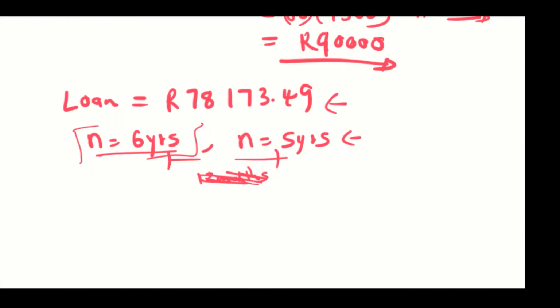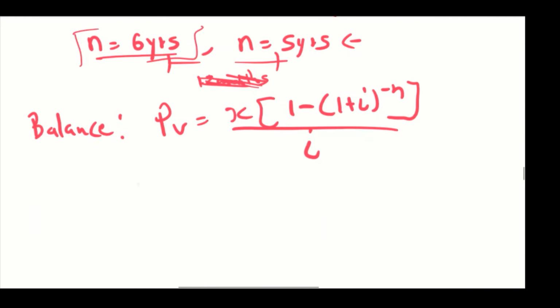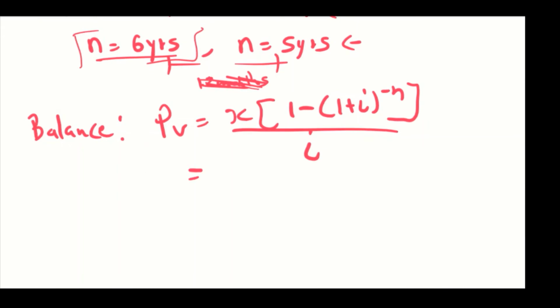To calculate the balance of the loan, we're going to use our PV equals x multiplied by 1 minus (1 plus i) to the power of minus n, divided by i. So yes, we're still paying 1.5. Okay, why am I writing 15,000? Oh, I love money.